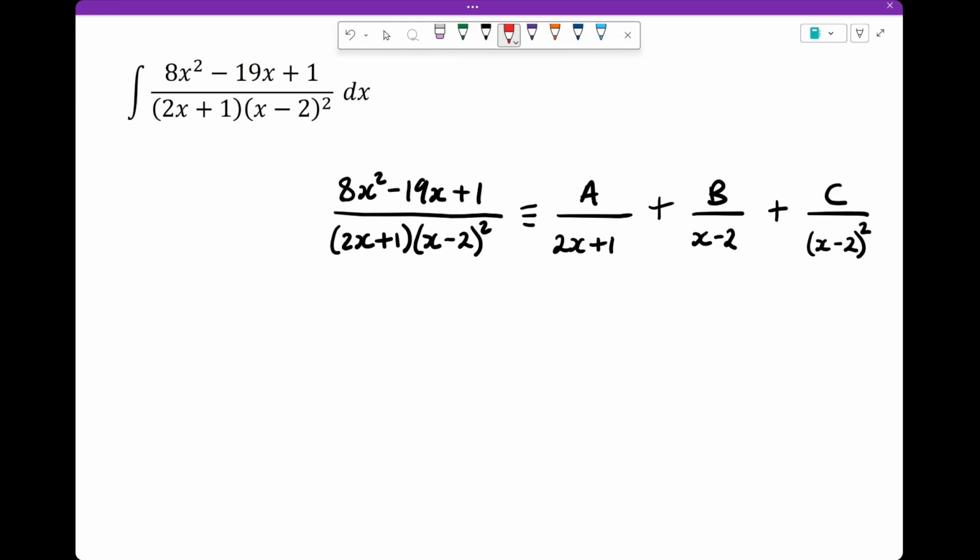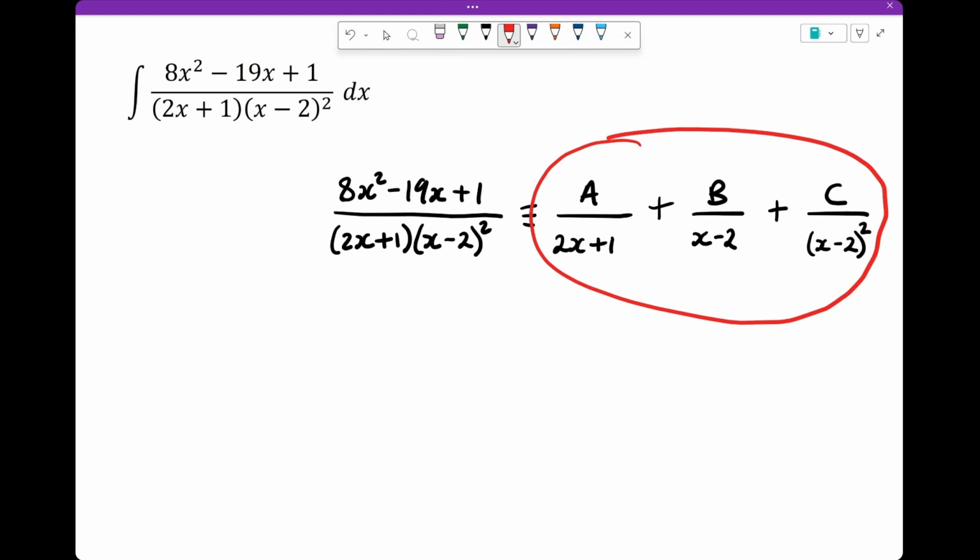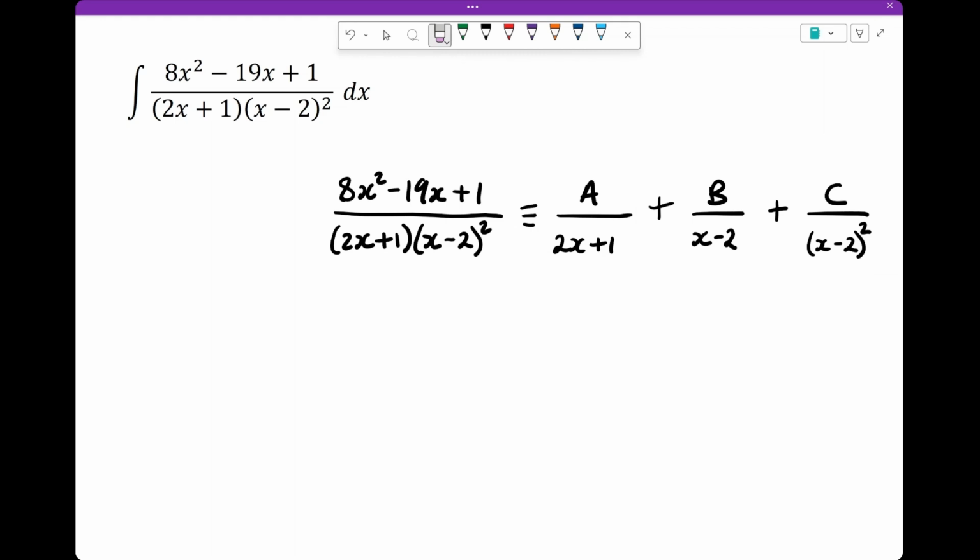Now our next step is to add all of these fractions on the right-hand side together with a common denominator. But let's speed things up a little bit, given that we're going to end up comparing the numerator of the right-hand side with the numerator of the left-hand side. So I'm going to write out the numerator of the left-hand side, 8x squared, take 19x plus 1, and say that's identical to, and let's start thinking about what the numerator of the right-hand side will look like.